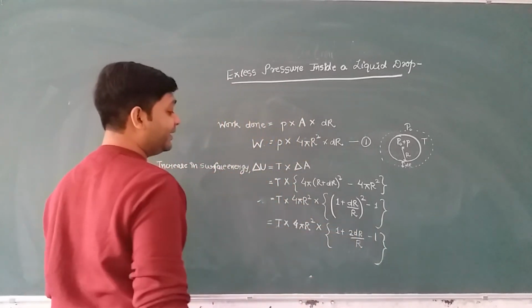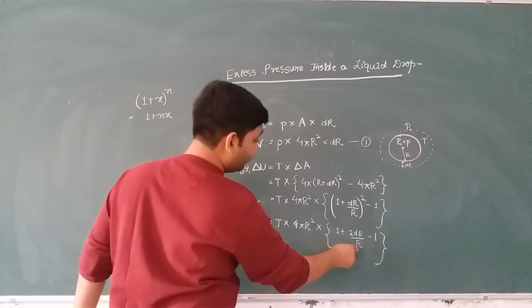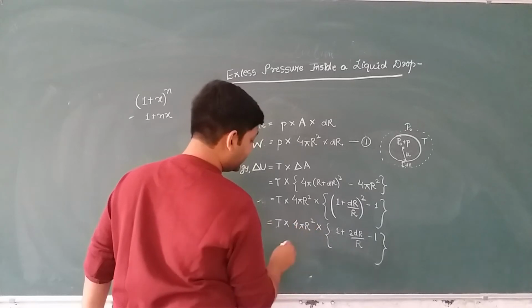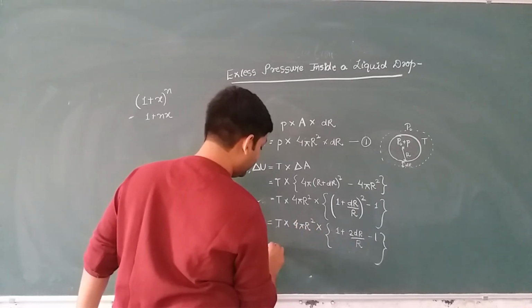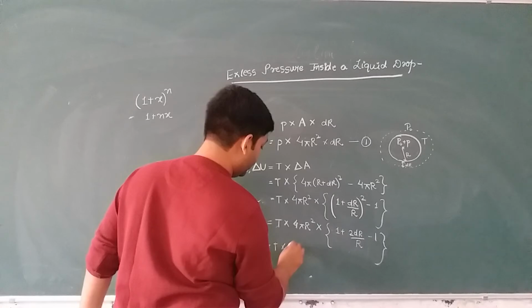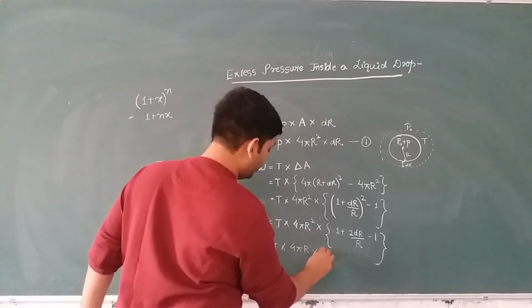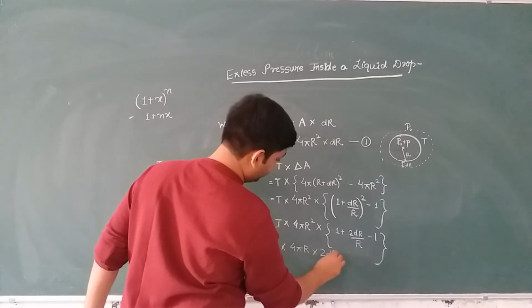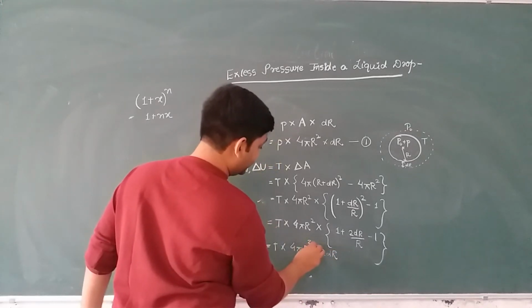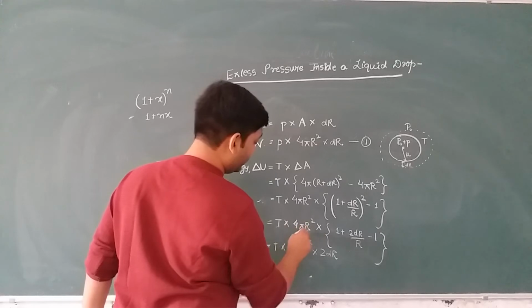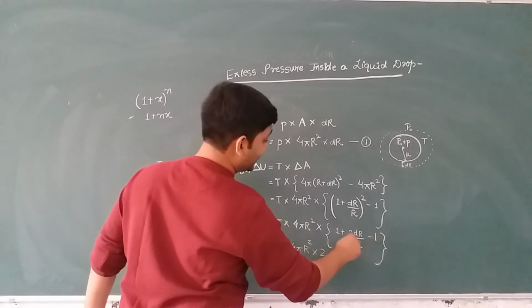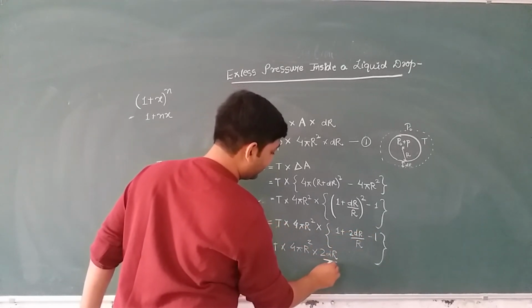Now this 1 and 1 get cancelled, and we are left with T into 4 pi r square into 2 dr upon r.